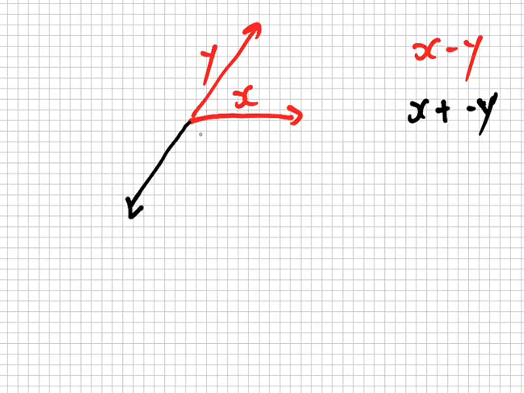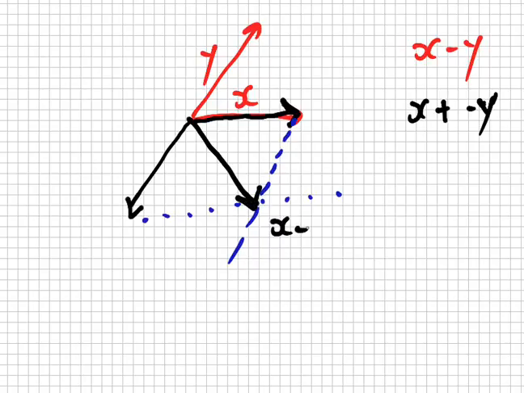Here it is here. Then we have to get x. Here it is here. And we add them together. And here you go. Here's x plus minus y. X minus y. So if we can write this example down.